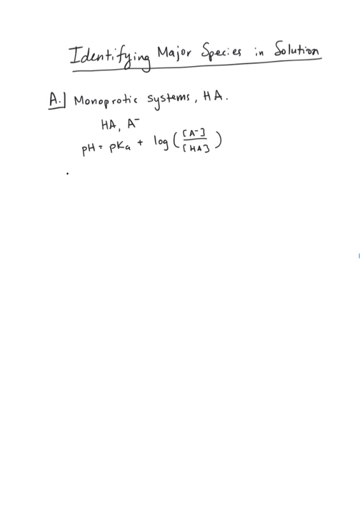Well, firstly, whenever the pH is greater than the pKa, that must mean that the log of the concentration of our base A- over our conjugate acid HA is greater than 0, meaning it's positive. Meaning that the numerator in this equation is larger than the denominator, and therefore A- is the dominant species.